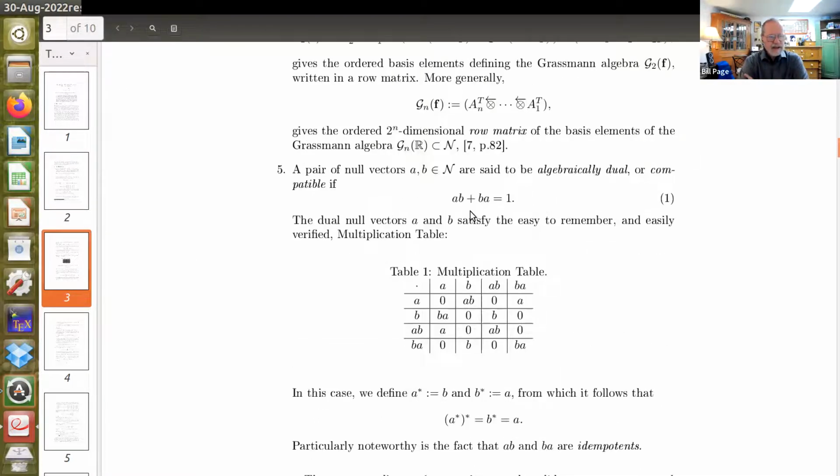I have a related, interesting observation. You've written AB plus BA equals a scalar value, exactly, the real number 1. Which, if these are Grassmann algebras, that's odd, right?